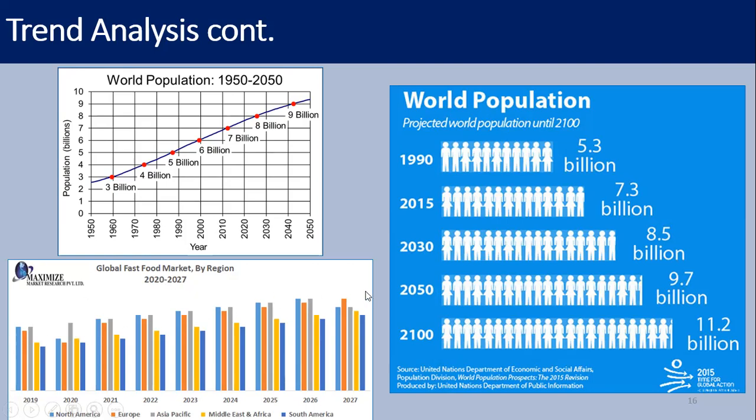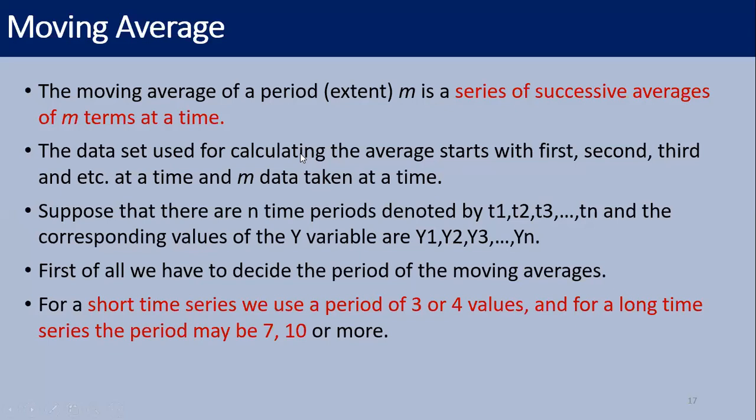You can see how it has increased, and in 2027 there is a drop, a decrease. They have used some previous data and some previous, current and future factors when determining the trend.